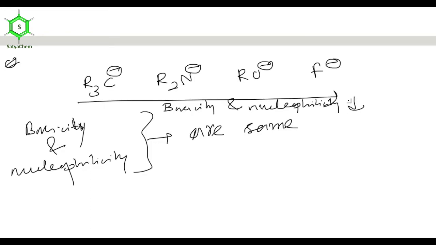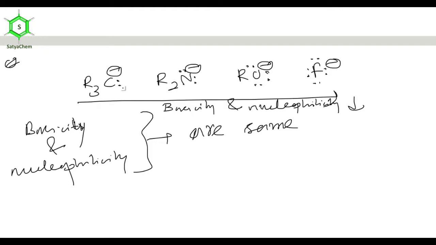This is very simple. Just try to remember electronegativity. Fluorine has the maximum electronegativity, and carbon has the minimum electronegativity. Here carbon has the minimum tendency to hold the electron pair.